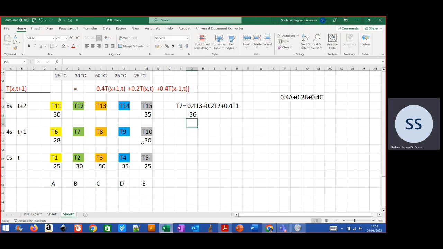So T7 equals 36. How do I get that? From our explicit finite difference equation, T7 is 0.4 T3 plus 0.2 T2 plus 0.4 T1. Replace all the values of T3, T2, T1 in your calculator, and you get T7 equals 36. Same thing, how do I get T8?